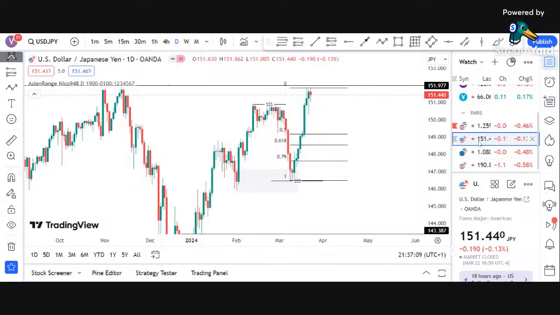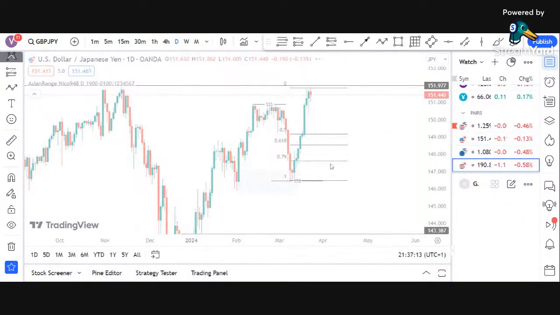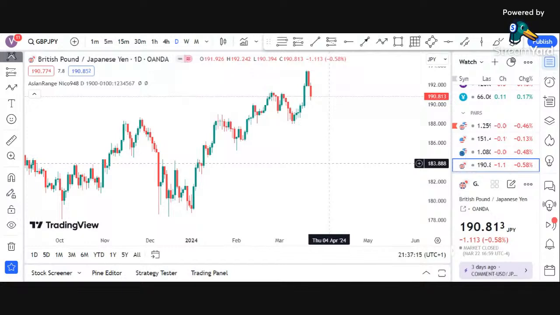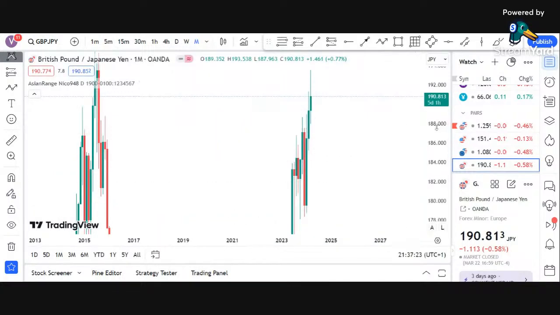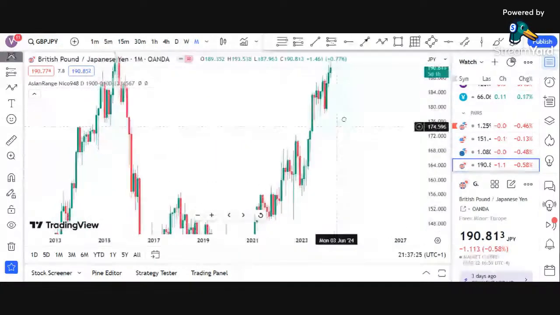JPY were bearish. So if you want to trade that pair, you will have to be very careful because it's not yet clear where the market is going to. All right.